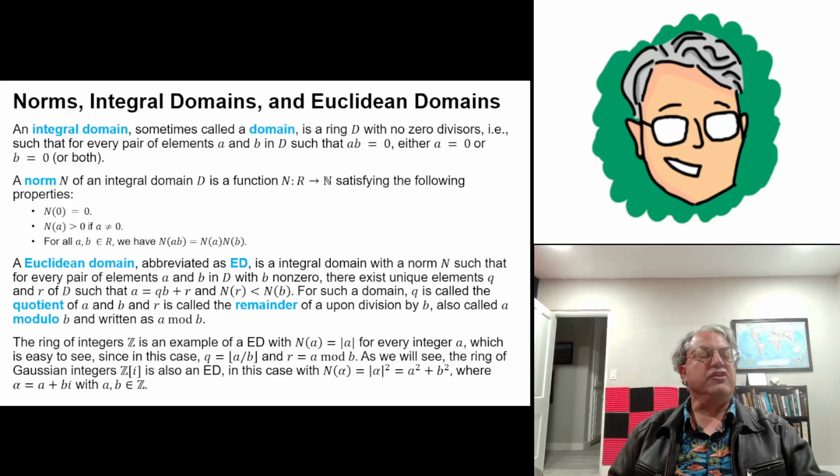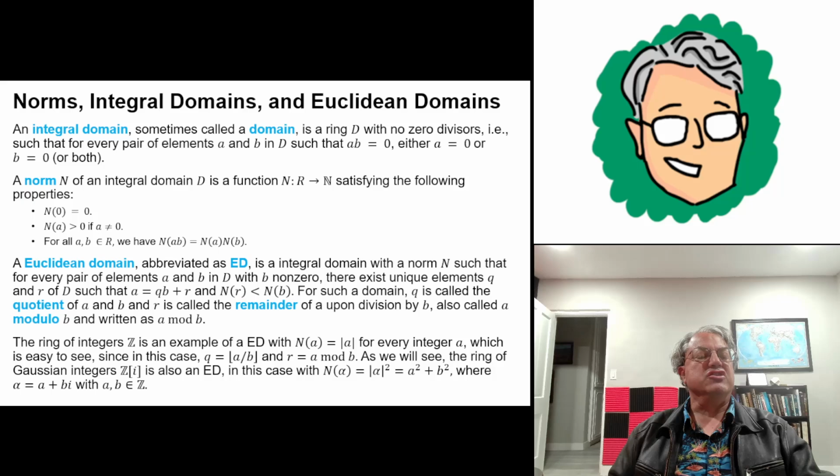And I think you'll note that for the ordinary integers, this is certainly true. If A and B are ordinary integers with B non-zero, we let the quotient be the floor of the ratio A over B, which is a rational number. We take the floor, which is just the largest integer less than or equal to the rational quotient A over B, and then we let R be the remainder upon that division, in other words, A mod B. I think you can check for yourself that this satisfies the required condition.